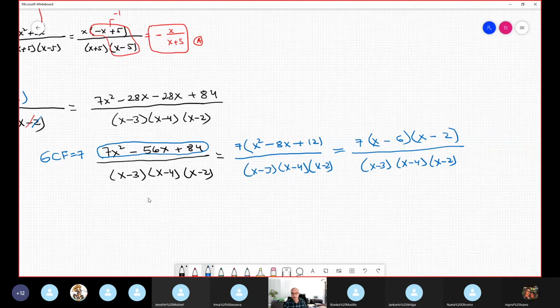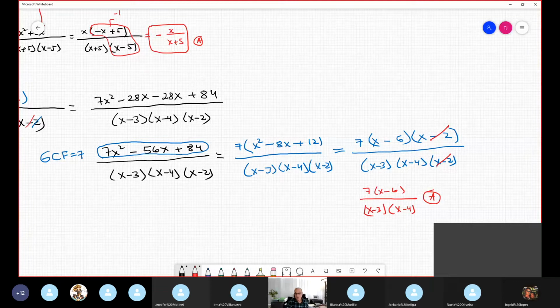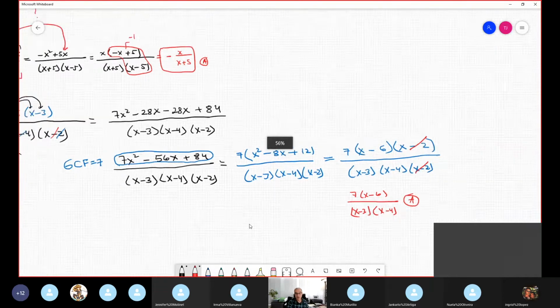Excellent. Now I can see that the factor x minus 2 is cancelled. And stay 7 times x minus 6 over x minus 3 times x minus 4. Let me see. Yeah, it's option A. Good.